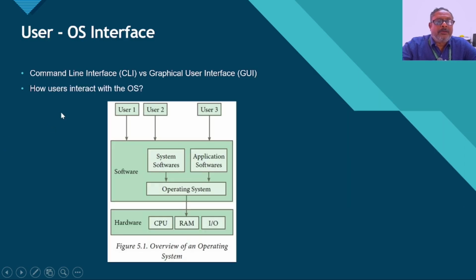Now let's look at how the users interact with the system through the operating system. Users are directly allowed to work with system software and application software. So we have two types of software. One is the system software, which controls the configuration of the system and all that. Application software are the applications provided to the user.